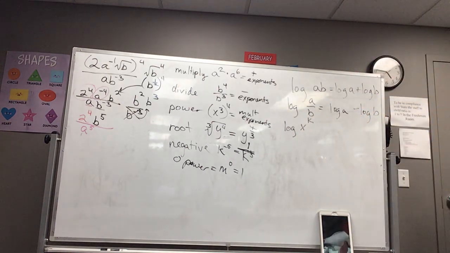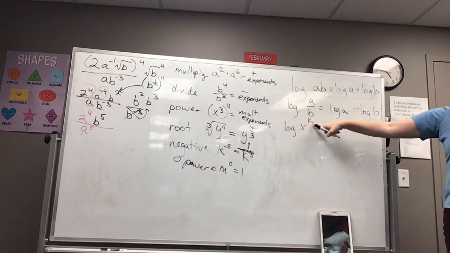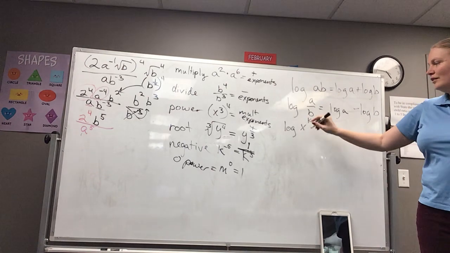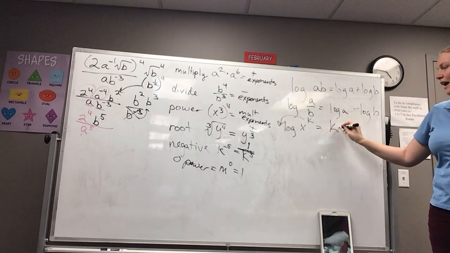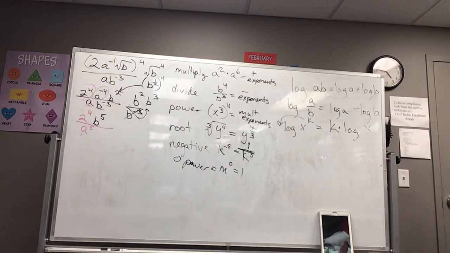How about power? What did power turn into? Power turned into multiply. And so if you have the log of something to the power, this is going to pull down in front of the log, and it becomes k times the log of x.